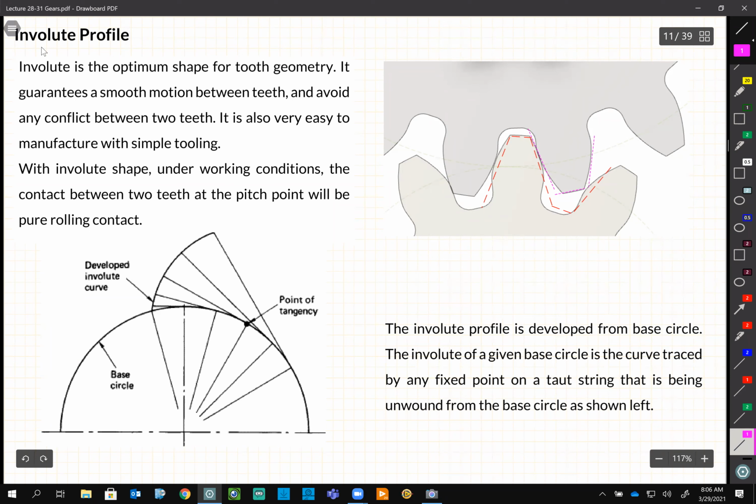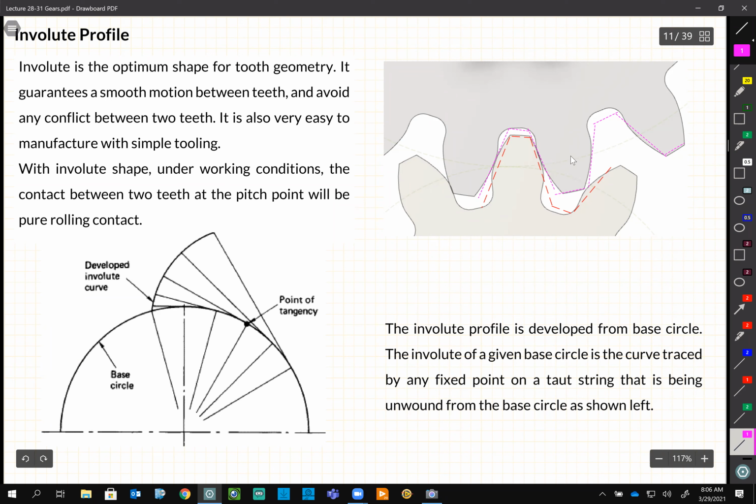And then slowly they learned that this shape may work, but it does not give us a smooth motion. So for example, they found out that when two gears have these straight-edged shapes, then when they work together, the corners are going to interfere and there's going to be conflict. So they removed the corner.